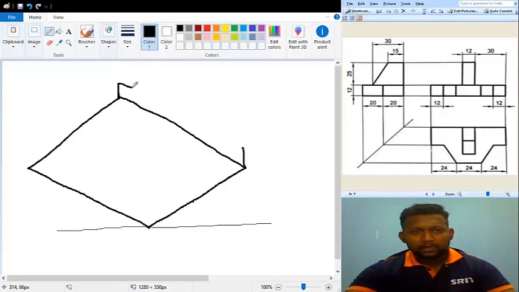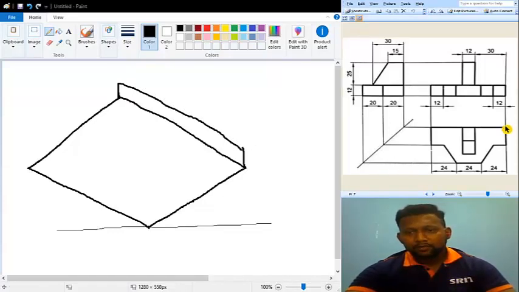So now I'll join this point with this one like this. Okay, and after this, now I am over here. Here you can see that this particular distance is equal to 20 mm. So up to a distance of 20 mm, like this, this particular distance I have drawn here. Okay, and this vertical distance again, how much is it?